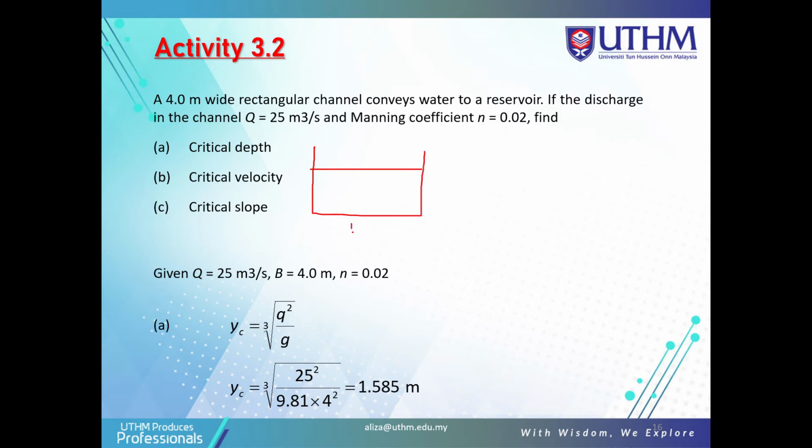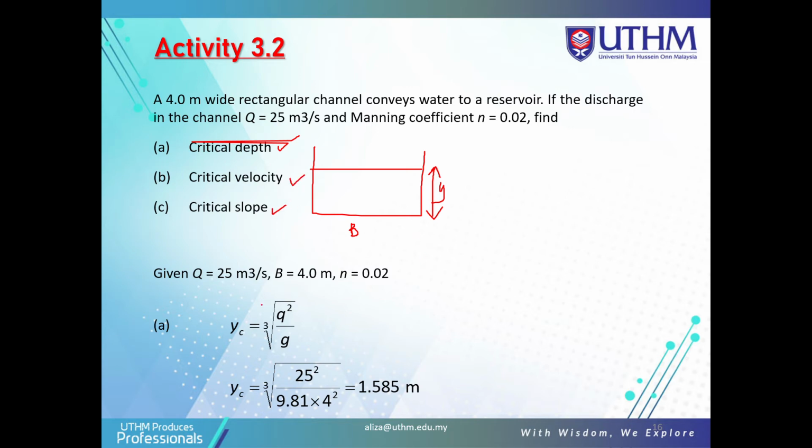We know this is B, and this is Y. If the discharge in the channel Q is 25 meter cube per second and Manning coefficient n is 0.02, find the critical depth, the critical velocity, and the critical slope.